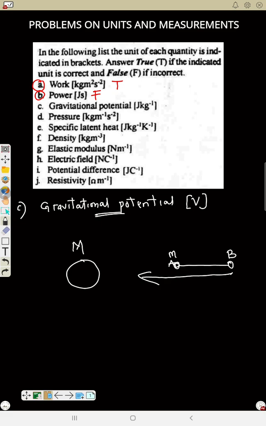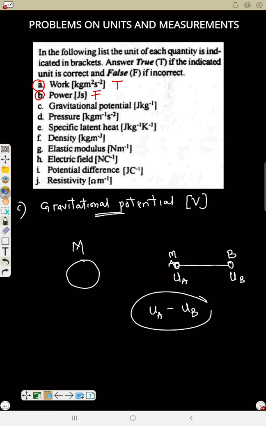Now, the energy at this point, that is UA, and the energy at this point, UB, will give me the potential difference. Now the potential difference here can be UA minus UB.